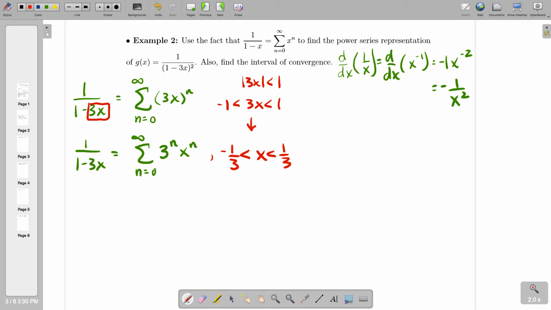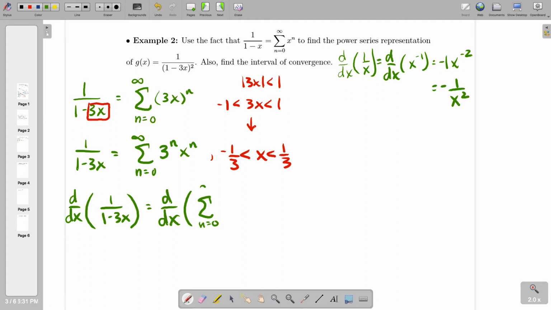So that's okay. Now what we can do is say, can I take the derivative of both sides of this equation and come up with something that looks like g of x on the left?